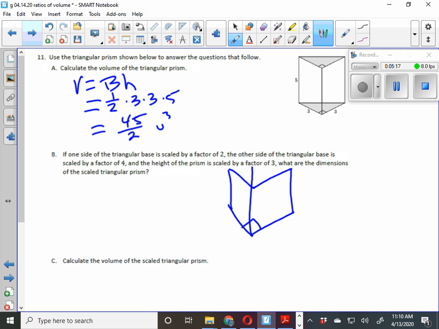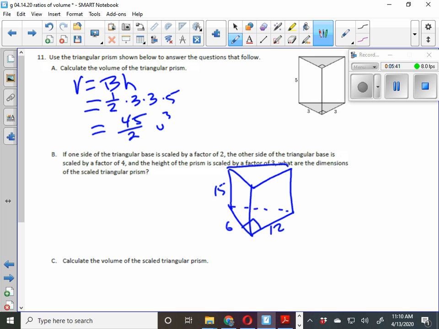And I got a little excited with that, so we're going to have to erase that much of it, right? So 6, 12, and the height now is going to be times 3. 3 times 5 is 15.